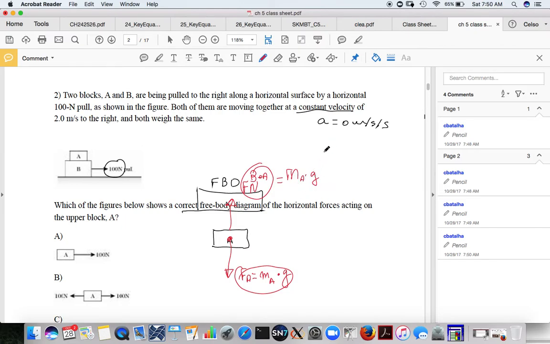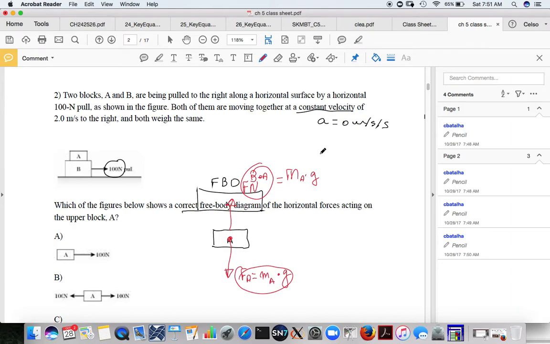Now, what else is going on on block A? You might think, okay, it's moving to the right, so something must be pulling.